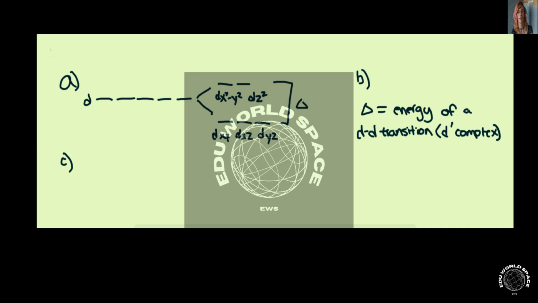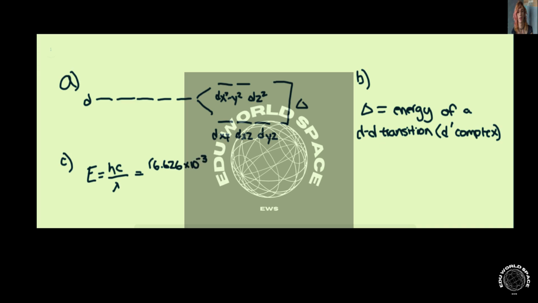And to solve this problem, you need to know the equation E equals hc over lambda, where h is Planck's constant at 6.626 times 10 to the minus 34 joule seconds. C is the speed of light at 3 times 10 to the 8 meters per second, and then lambda is your wavelength.